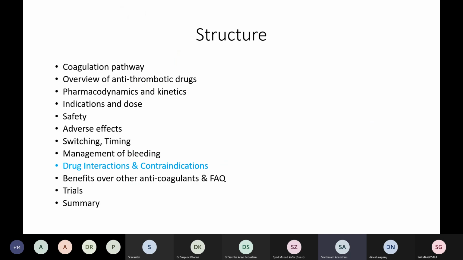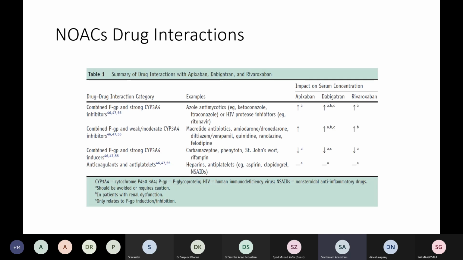Next, coming to the drug interactions and contraindications. Essentially, it has a very good profile of interactions. You should be cautious only if you're using a drug which either inhibits or induces P-glycoprotein or cytochrome P450 3A4, like the azoles, such as ketoconazole and itraconazole.